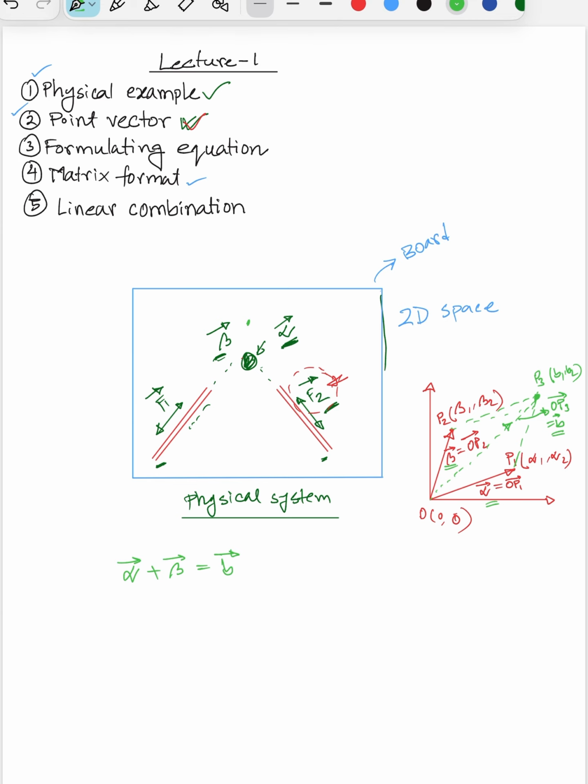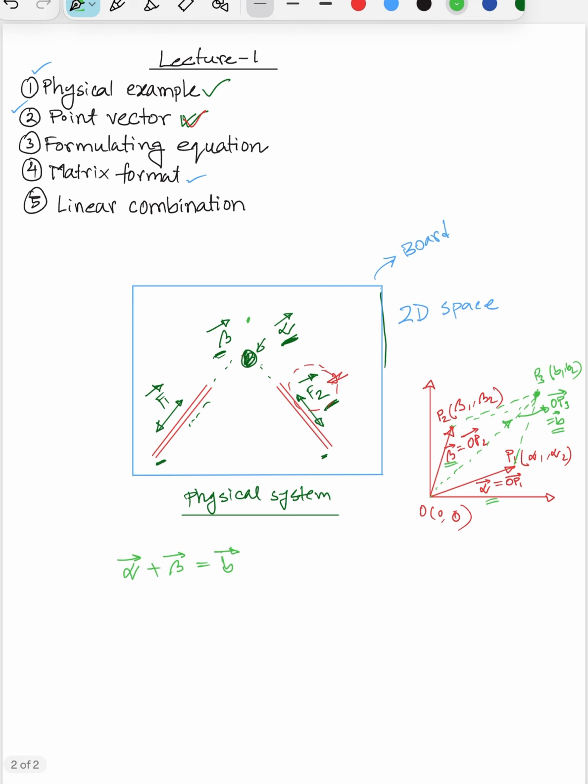Now this is exactly showing the magnitude of alpha and the magnitude of beta, and we are getting to this point P3.